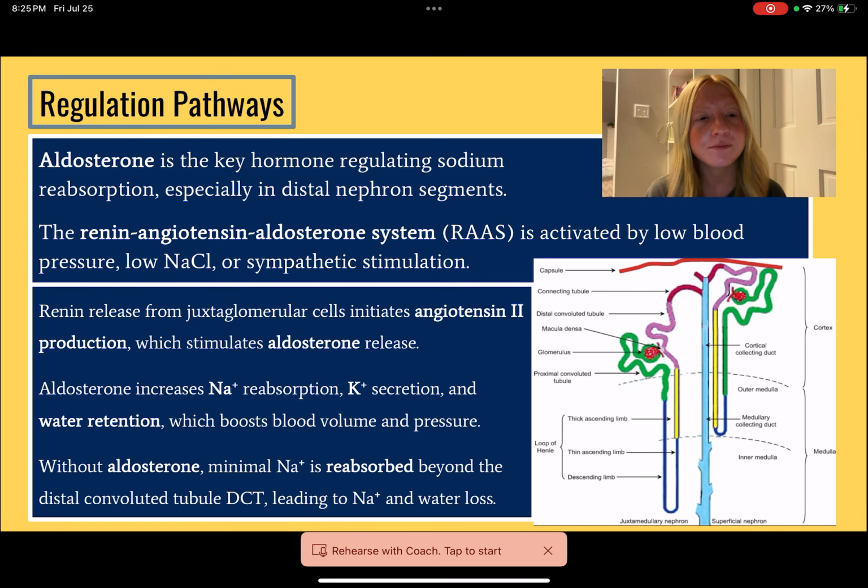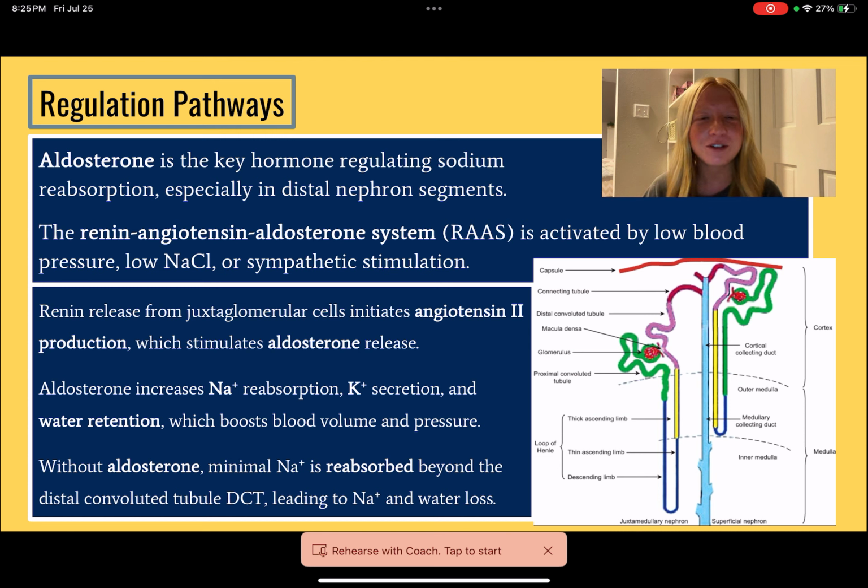Regulation pathways. Aldosterone is the key hormone regulating sodium reabsorption, especially in the distal nephron segments. The renin-angiotensin-aldosterone system, or RAAS, is activated by low blood pressure, low NaCl, or sympathetic stimulation.